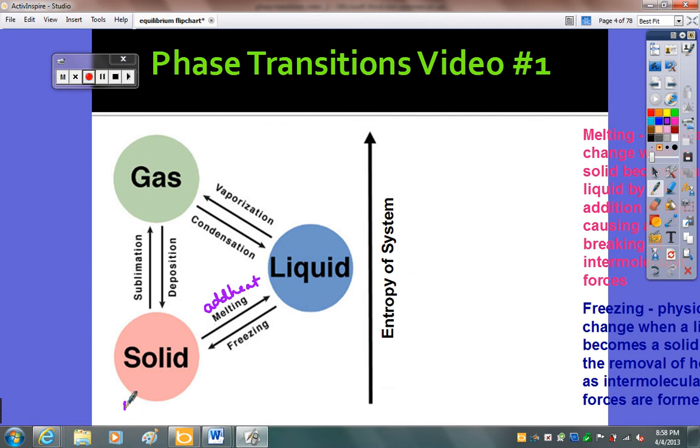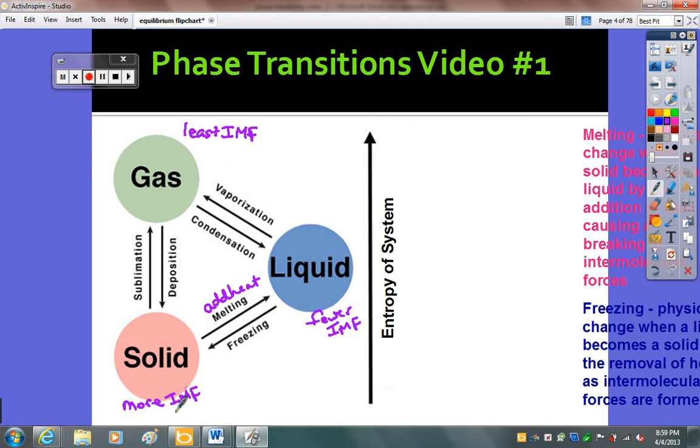So this has more intermolecular forces. This has fewer intermolecular forces. And as you can see, when you go from a liquid to the gas state and you add more heat in order to vaporize, you have the least intermolecular forces. In fact, gases are considered to have no attractive or repulsive forces.